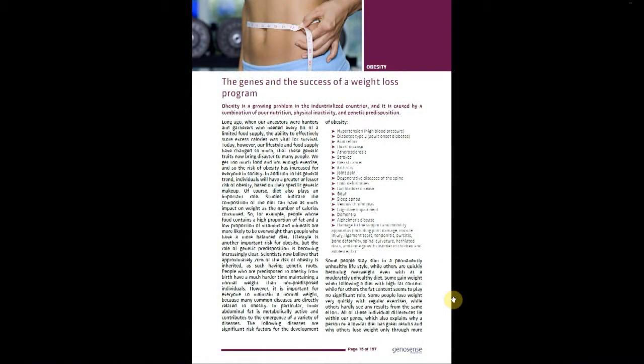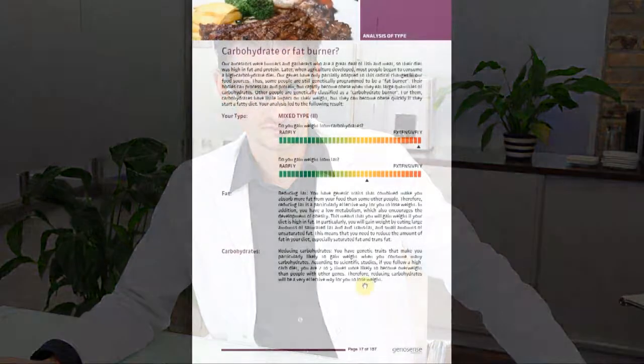Okay, then here is some general information of how genes modify our body weight. It's worth a read. I would really go through it. I think you will find it interesting. And here you see the same scale bars that we've just gone through, but in more detail. So here you're just going to find the same things that I've said to you.